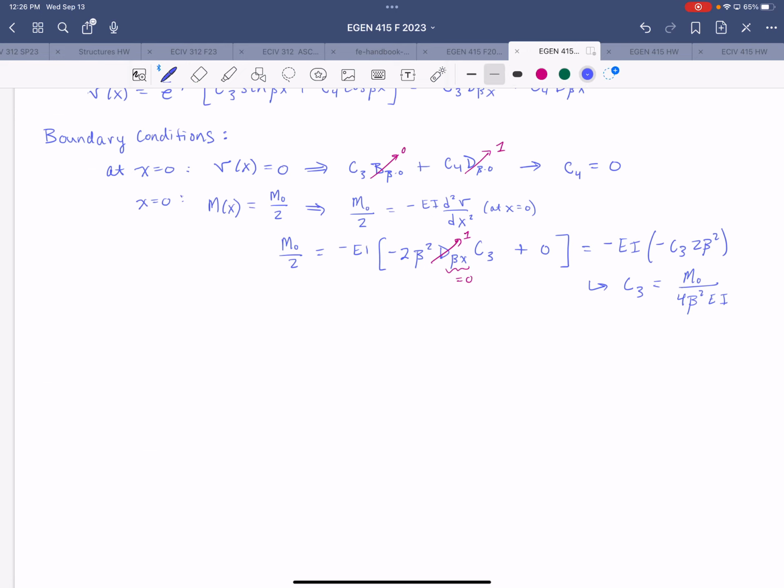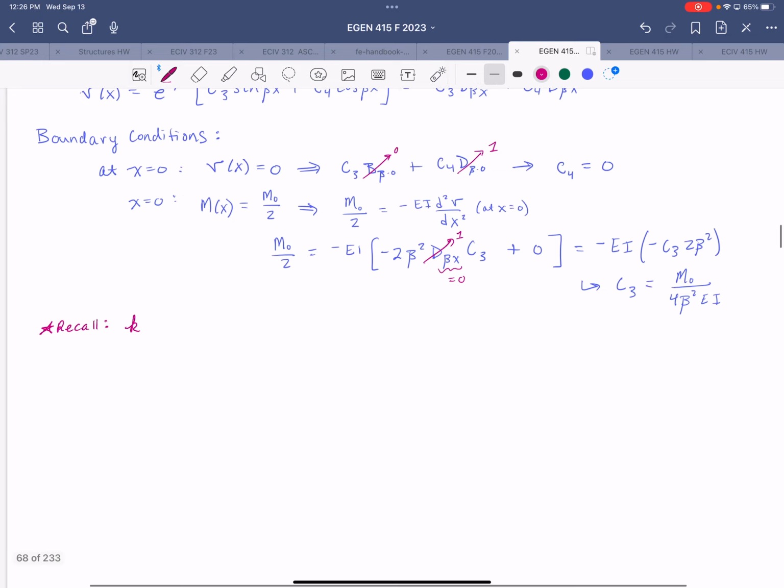All right, so now we've got the two constants. At this point, remember that we defined lowercase k, which represents the foundation modulus, as 4 times beta to the fourth EI. Or technically, we defined the term beta in terms of k and EI, beta to the fourth.